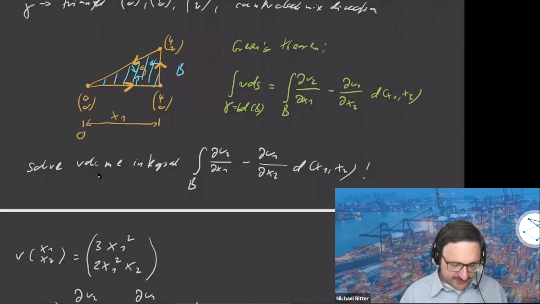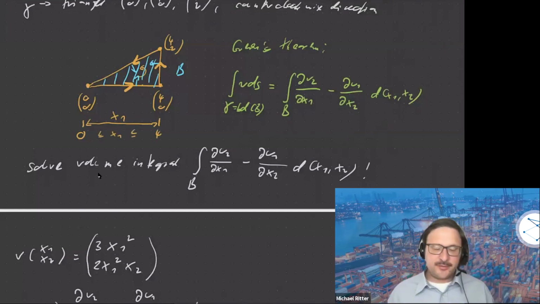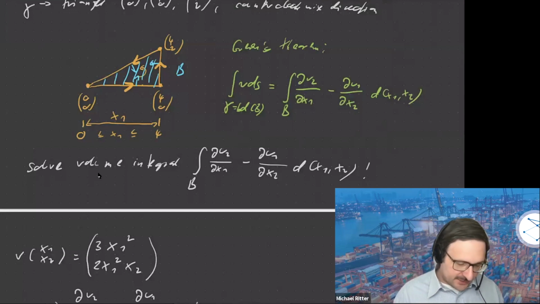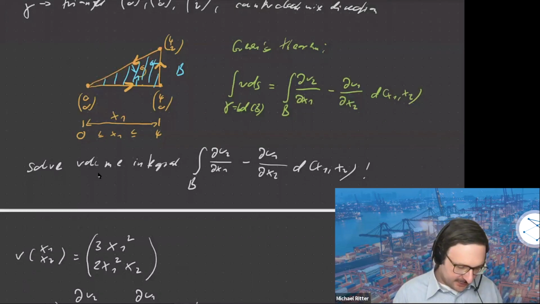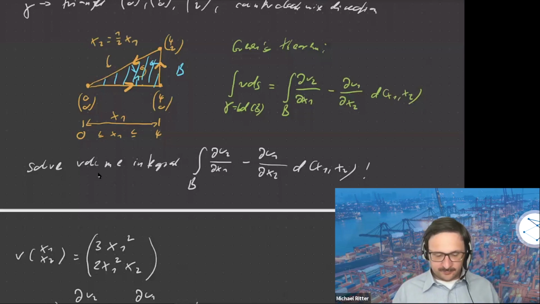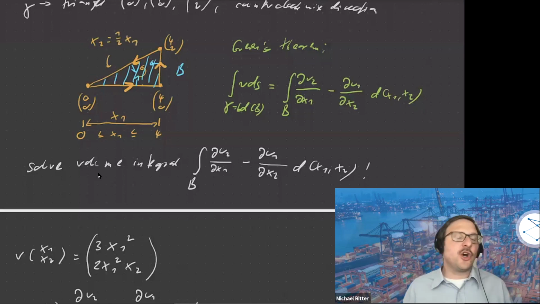The first one is 0. The other one is 4. So x1 is between 0 and 4. And then x2 is basically just bound by this line here, depending on x1, of course. And the equation of that line is x2 equals 1 over 2 x1. You can easily see the slope of that line is 1 over 2.